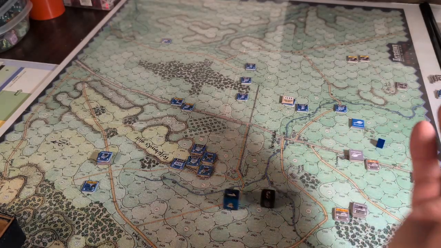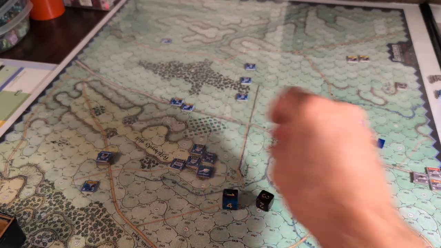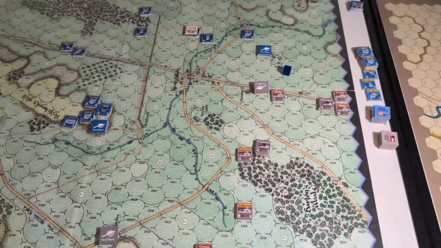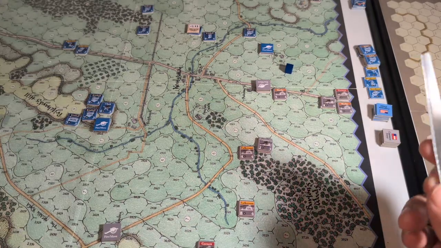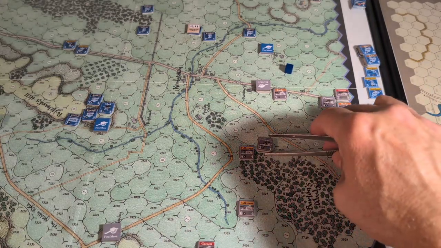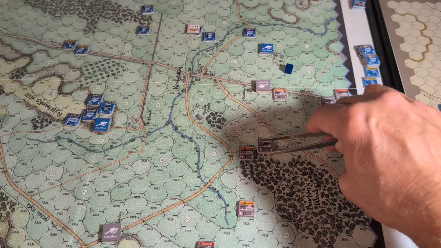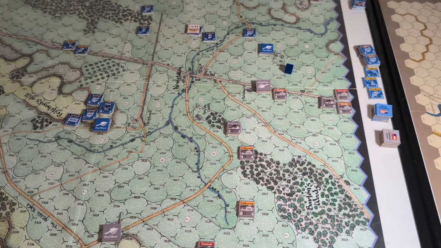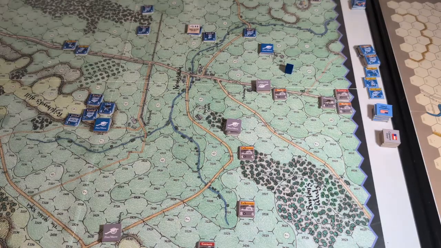So 13, not going to be anything. Okay. And then we have Carpenter, who's going to move to here. Okay.